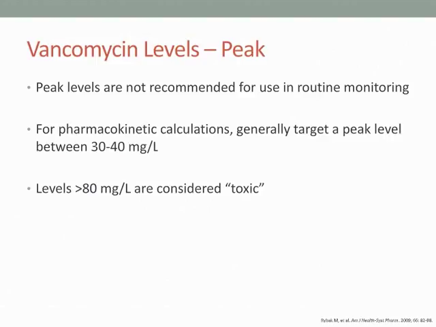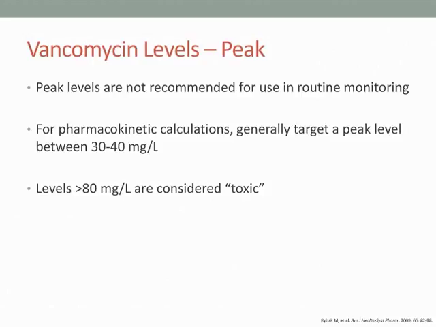Vancomycin peak levels are typically not clinically relevant and not often used for routine monitoring. You do need to be familiar with what would be considered a normal or reasonable peak level because you will need to target this value in your pharmacokinetic calculations. In general, targeting a peak level between 30 and 40 milligrams per liter is reasonable.